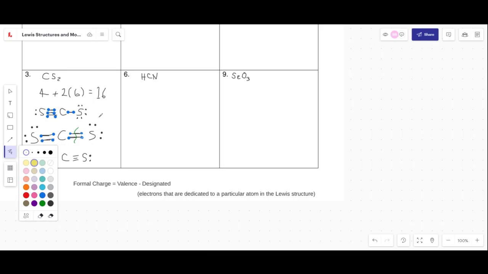Sulfur normally has 6 valence electrons. But how many electrons does it have designated to it in the Lewis structure, the one that you draw? Well, it has the 2 from the bonds, but it also has the lone pair electrons, right? That's a total of? What's that a total of?